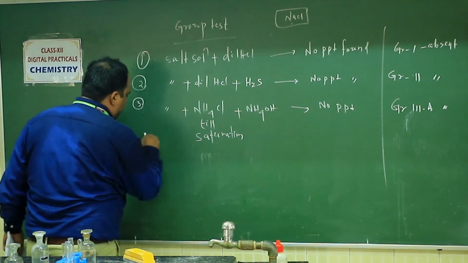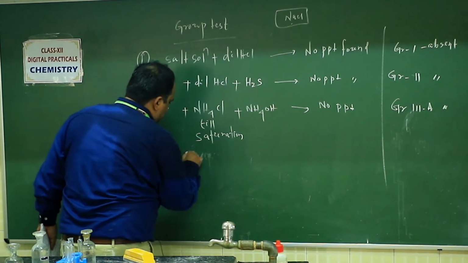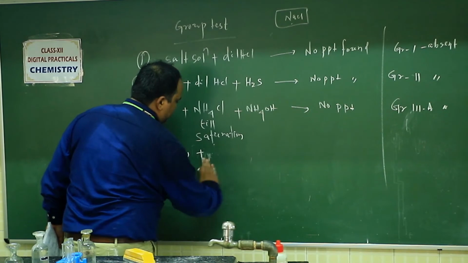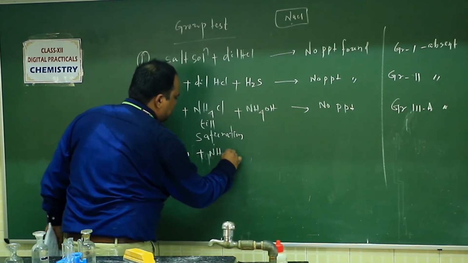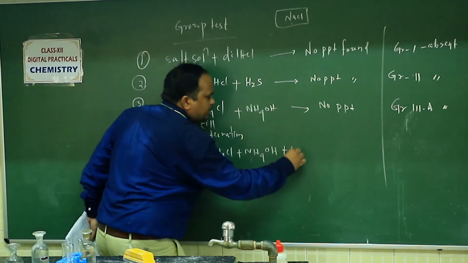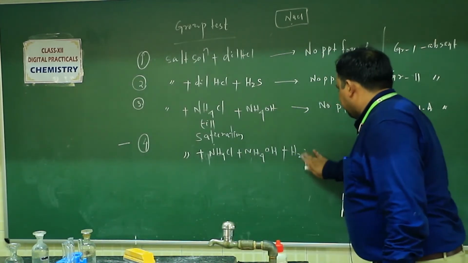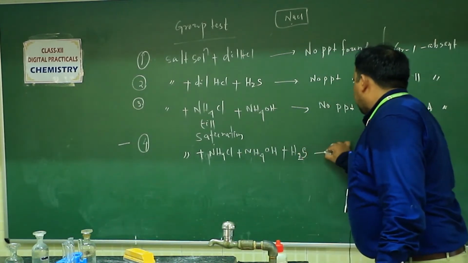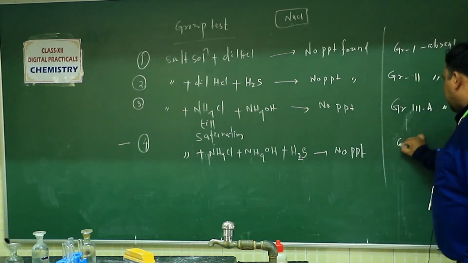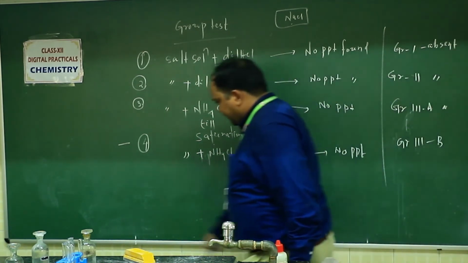Then you will go for the fourth part, not group 4. The salt solution plus NH4Cl plus NH4OH, plus you will pass H2S gas. Again you will not get any precipitate. That means group 3B is absent.